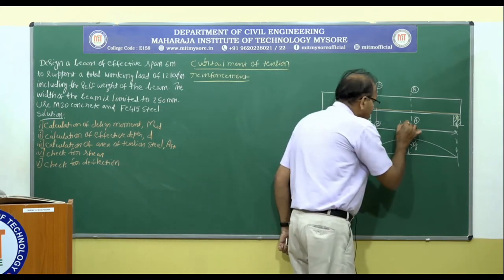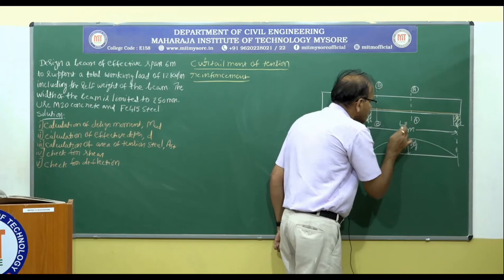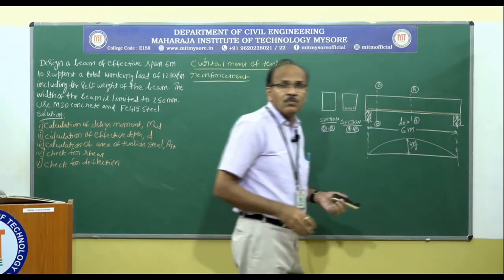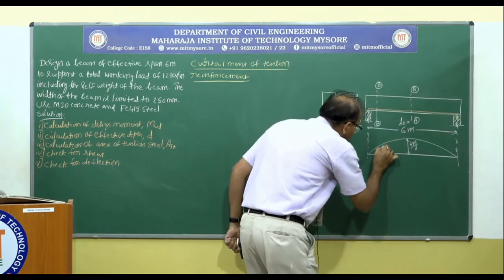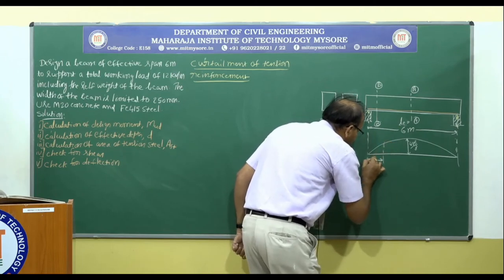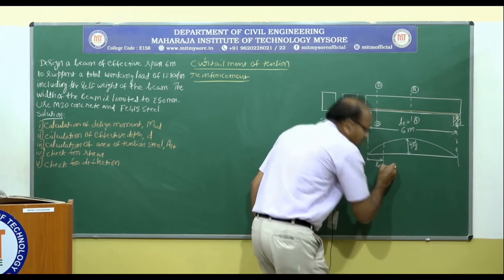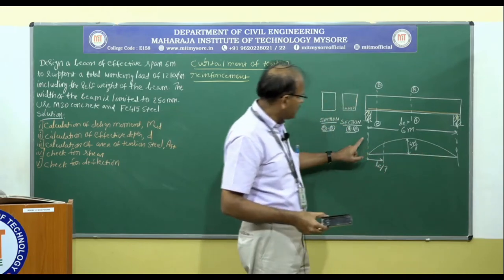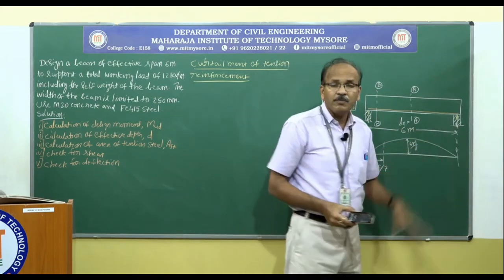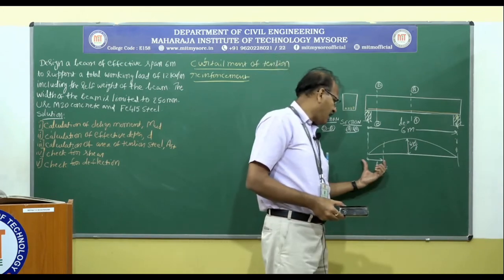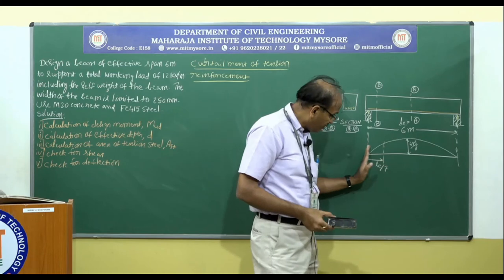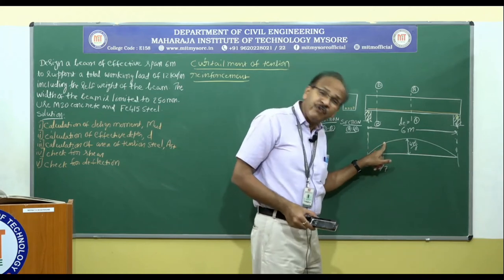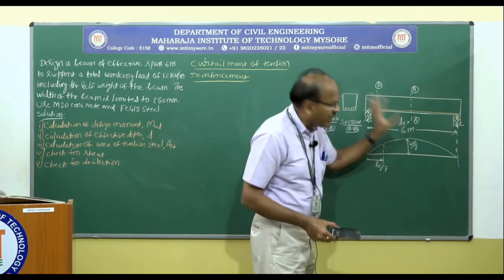If I call this LE, that is the effective span, at a distance of LE by 7 from this support, where LE is the distance between these two supports, the bending moment here will be about 50% of the maximum bending moment.